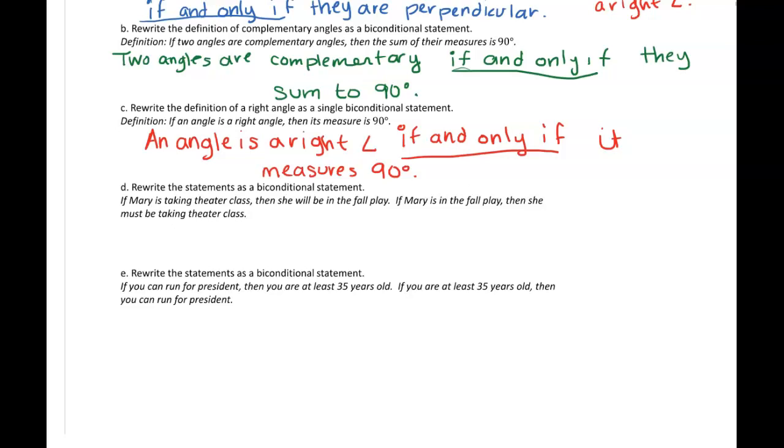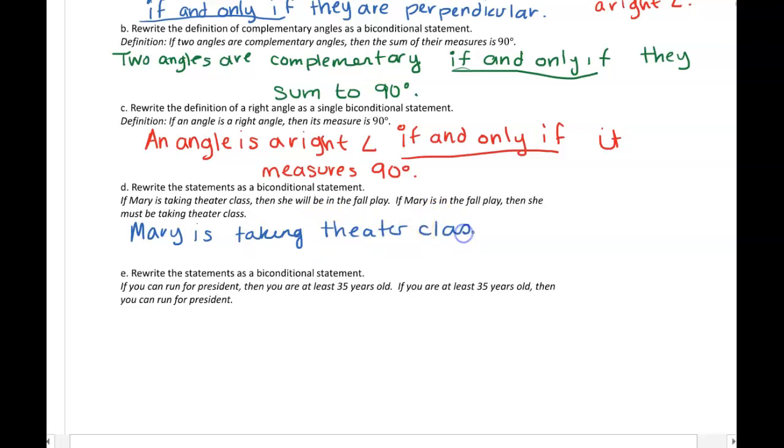So just because you have two statements, it still operates the same way. So we can write the biconditional: Mary is taking theater class if and only if she is in the fall play.